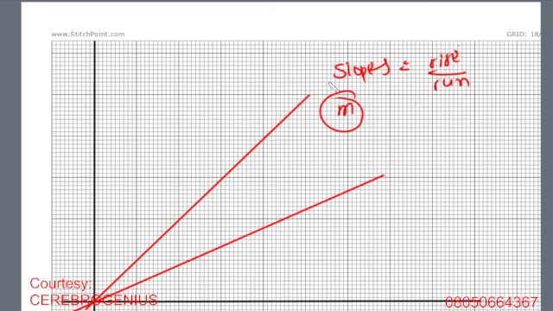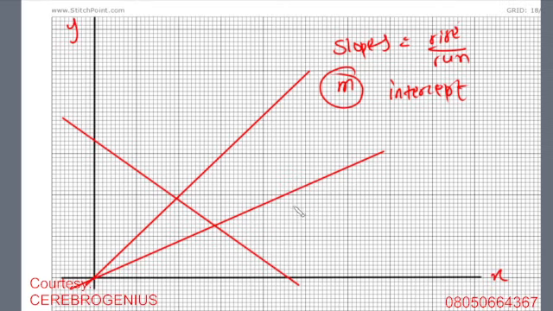Then another property that a straight line has is what we call the intercept. The intercept of your straight line is where your straight line cuts the y-axis and also the x-axis, where it cuts the vertical axis and also where it cuts the horizontal axis. These two values are very important, but we represent them differently.